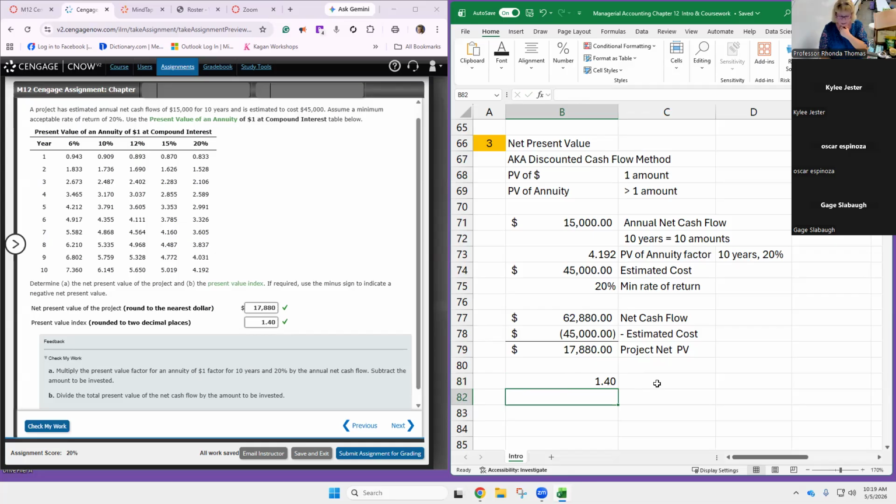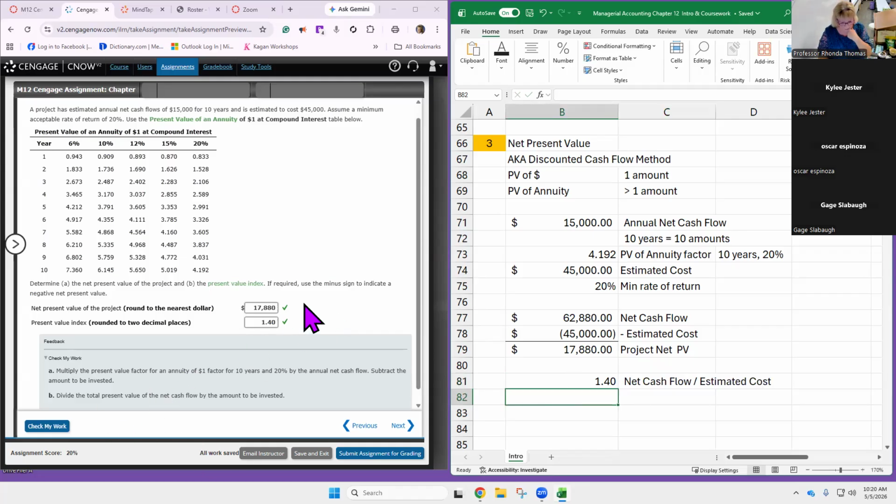I'm going to put this in here: net cash flow divided by the estimated cost. That's how I got that number.